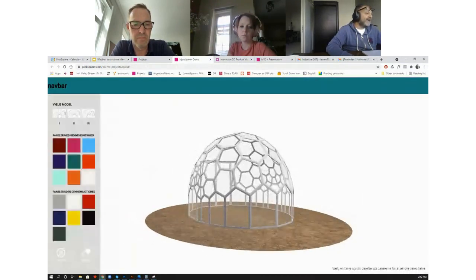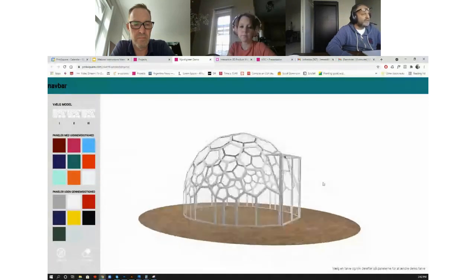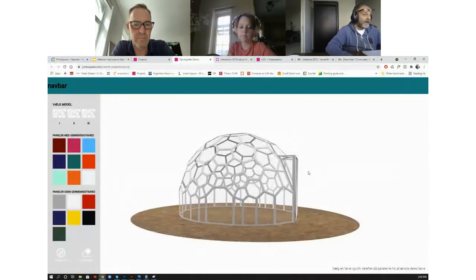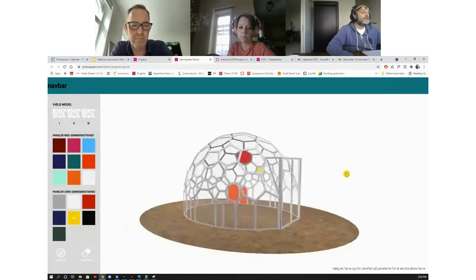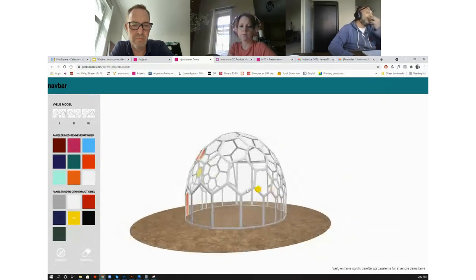This is a Danish artist that has created this community greenhouse, but the big selling point is that you can design it however you want, so you can go in and colorize different elements and so on, so you can personalize these things.